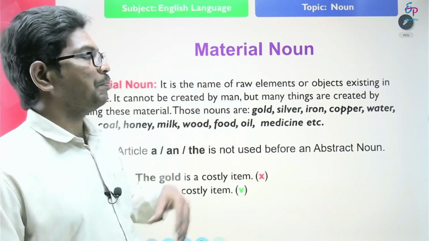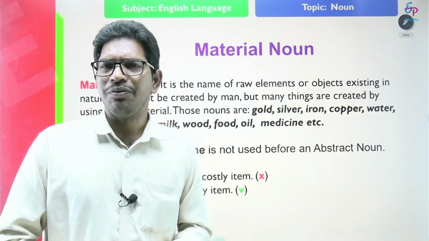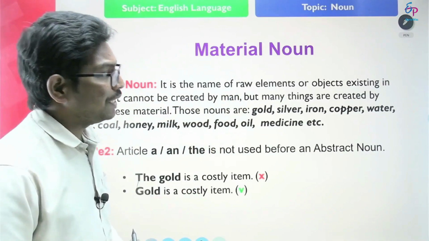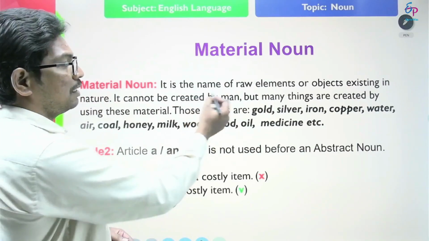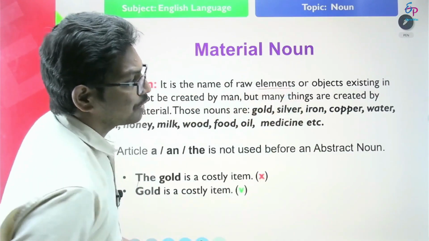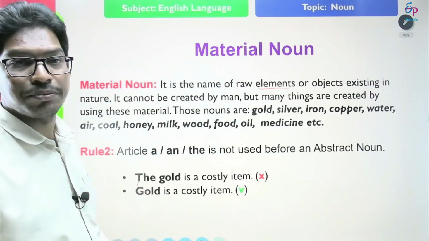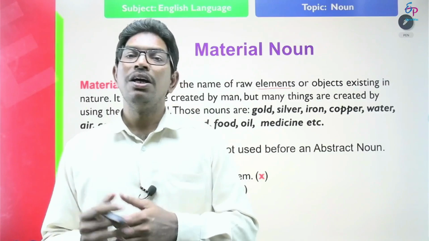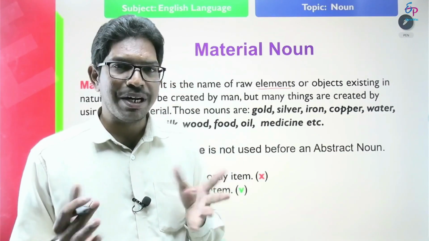Now we'll discuss material noun. What is material noun? It is the name of raw elements or objects existing in nature. So it is the name of the material that exists in nature, and it is not man-made.